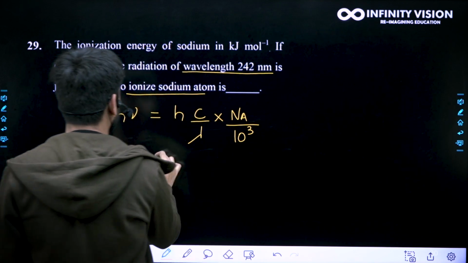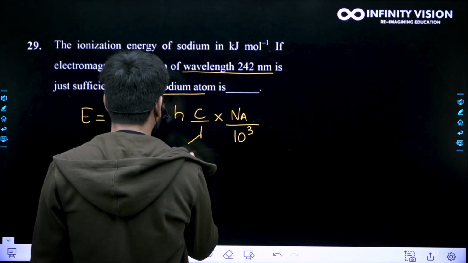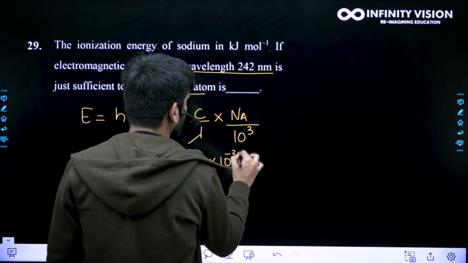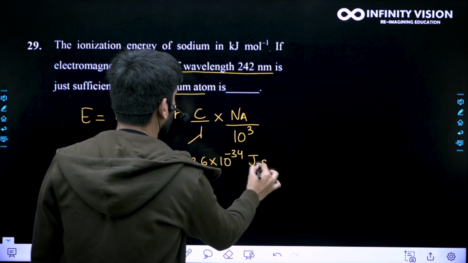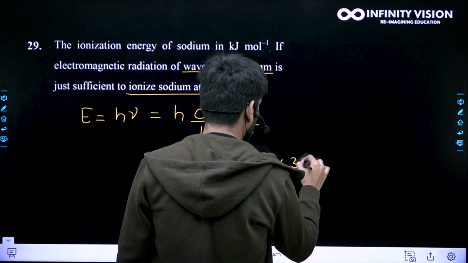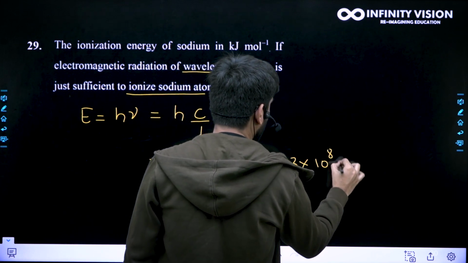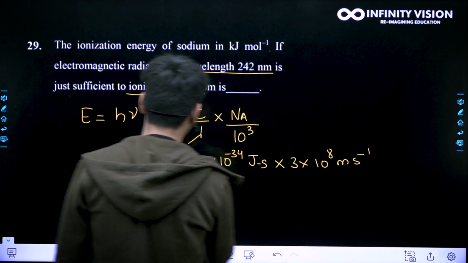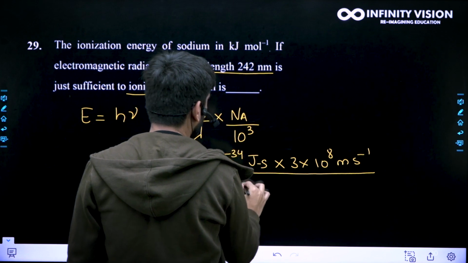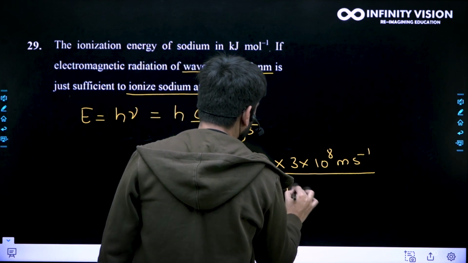Let us put the values. H is 6.626 into 10 to the power minus 34 joules second. What is C? C is 3 into 10 to the power 8 meter per second, right? What is lambda? Lambda is 242 nanometer. Nanometer is 10 to the power minus 9 meter.